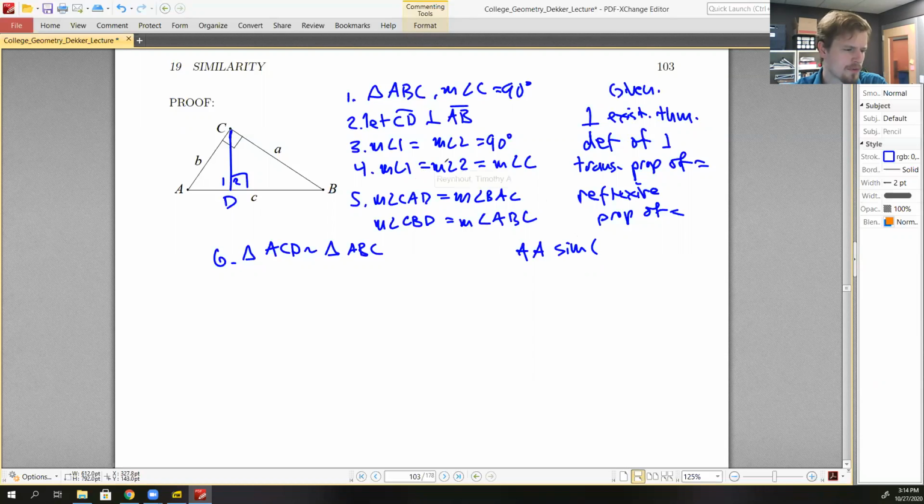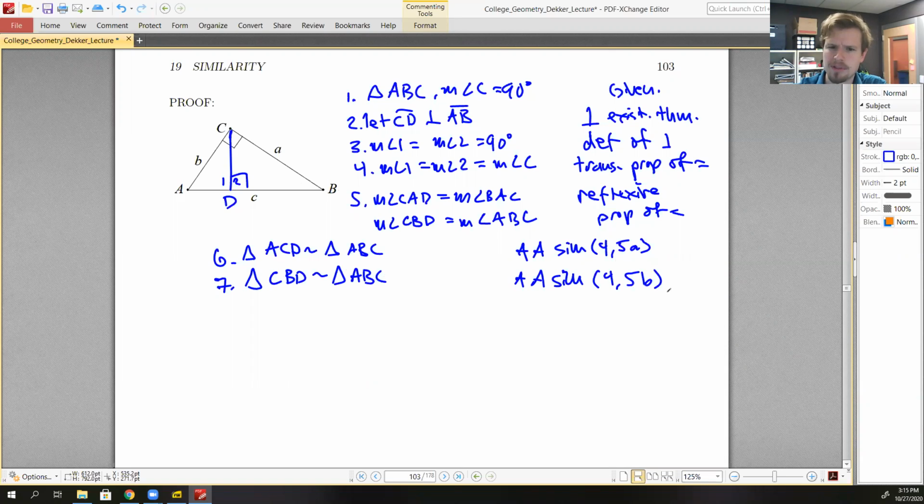Where we're looking at lines 4 and 5A. And then we also have that triangle CBD is similar to triangle ABC as well, again by angle similarity, given in lines 4 and 5B in this case.